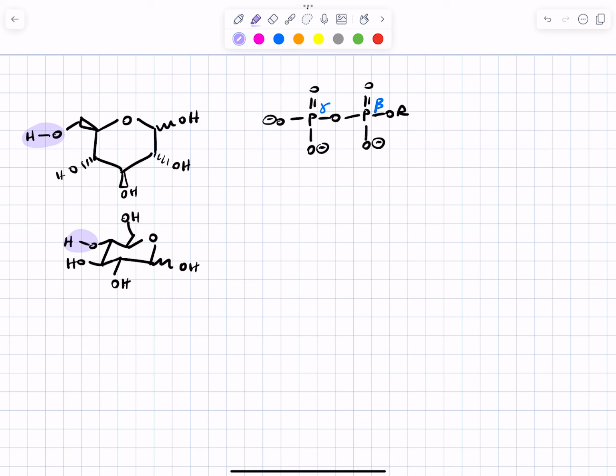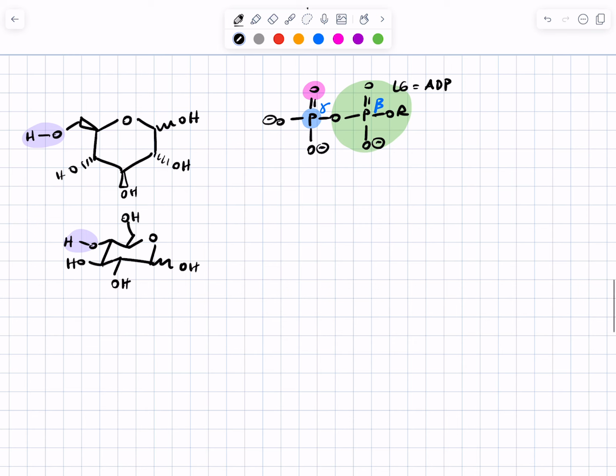So with respect to ATP, this gamma phosphate is the electrophilic atom, and you're going to treat the phosphoryl group just like a carbonyl. That is, you're going to think about all of this as being the leaving group, and that leaving group is really just ADP.